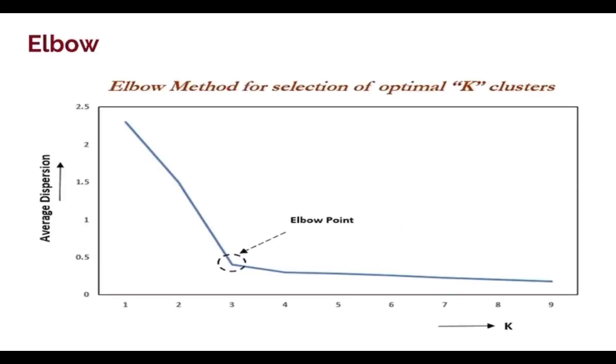By the elbow, if you take a look at this, it's a graph of average dispersion against the number of clusters. Of course, it's obvious that when the cluster count equals 1, the average dispersion is going to be so high, because, as I told you the other time, before you partition into clusters, it's heterogeneous, so you expect the degree of disparity to be very, very high.